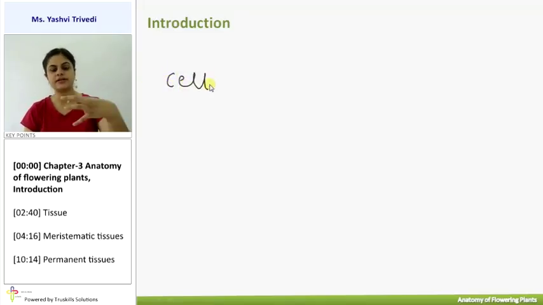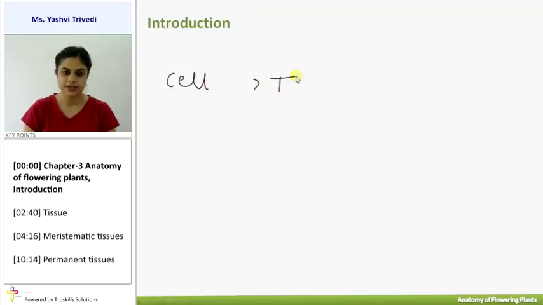Now we are studying this for a very long time, that the organization of any type of living organism will start with a simple structure, which is the cell. All the particular type of cells will combine together and they will form tissues.